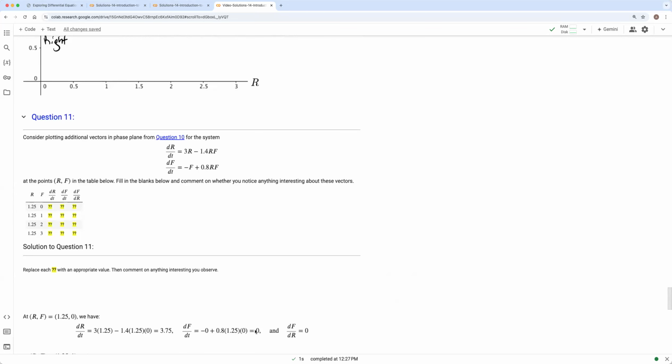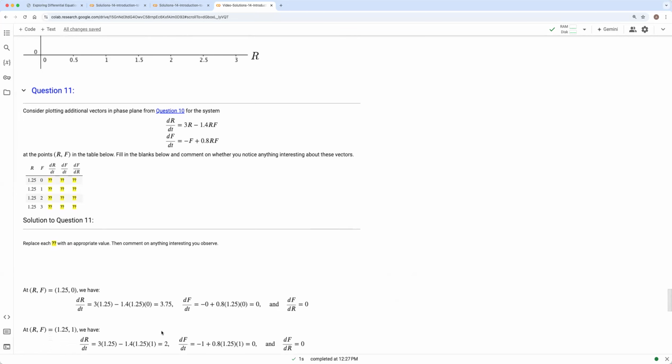The df dt is 0, so that means my vector has no vertical component. That means the tangent vector to the curve should be just horizontal. So the fact that df dt is 0 tells me that my vector in the phase plane is going to have no vertical component. It's only going to have a horizontal component that's positive, so it's pointing to the right.